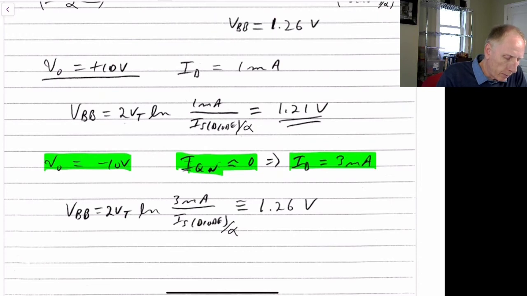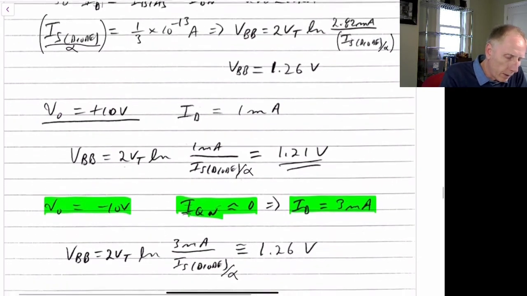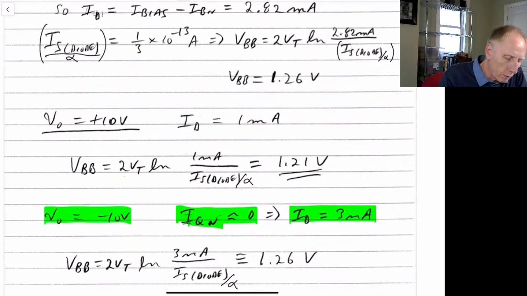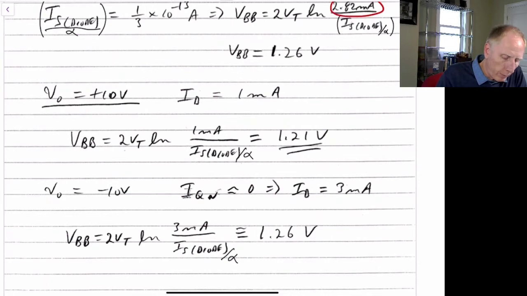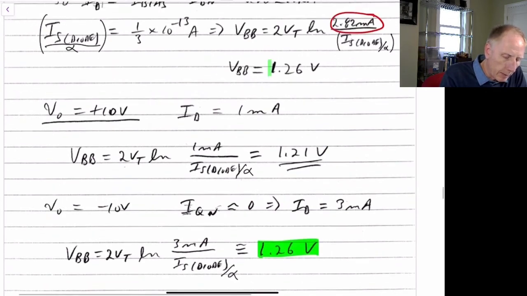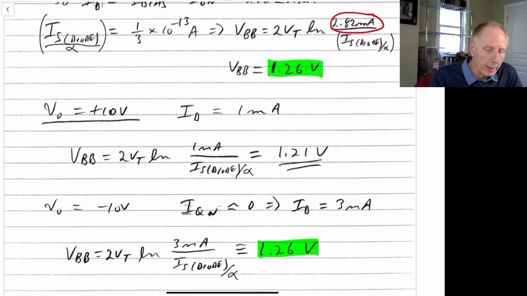And that means that instead of having 1 milliamp, we now have 3 milliamp, which is almost exactly the same as we had here. And so when it's minus 10 volts, we'll end up with a voltage here which is almost exactly the same as it was over in this case over here when we had 0. So whether we have 0 at the output or a negative voltage at the output, the VBB will remain the same at about 1.26 volts.